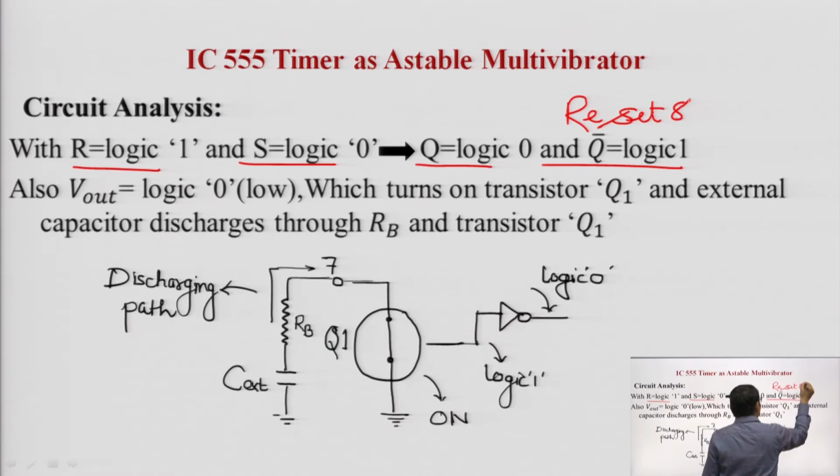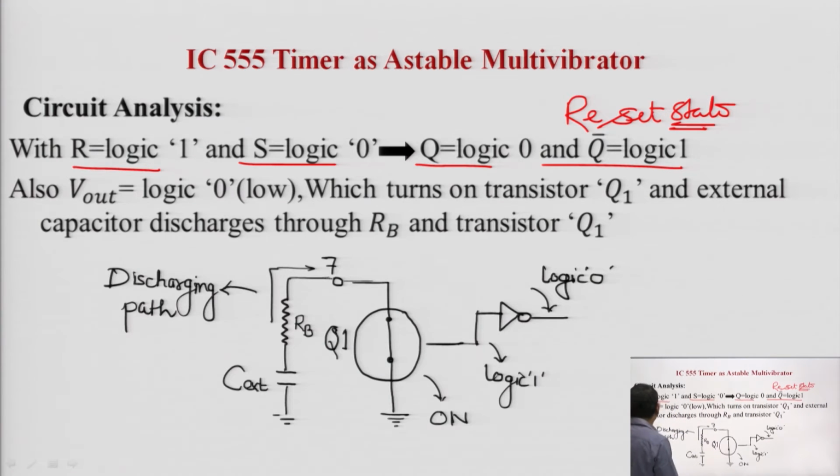Also V out equals logic 0, and we turn on the transistor Q1.